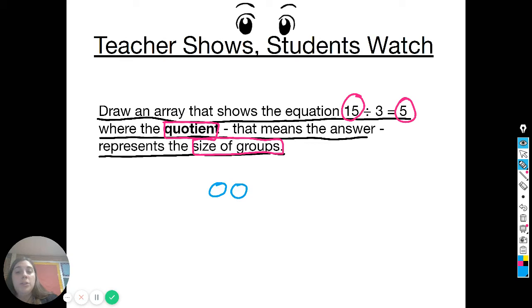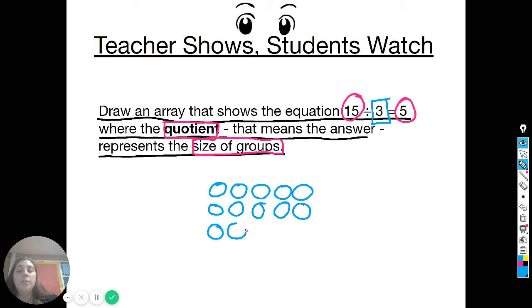1, 2, 3, 4, 5. Now I need to keep going. I know that I'm going to end up needing 3 rows. 1, 2, 3, 4, 5. 1, 2, 3, 4, 5. I have 3 rows of 5.